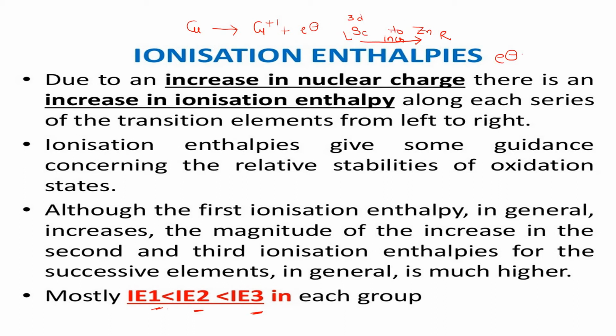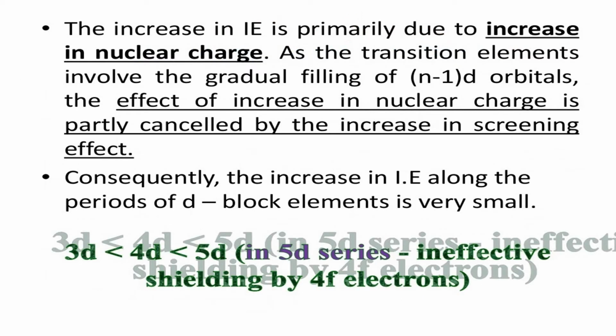Left to right, what happens to ionization enthalpy? It is increasing. Why is it increasing? Scandium has low ionization enthalpy and zinc has more. Left to right, it is increasing, isn't it? What is the reason behind this? Very simple, because of the increasing nuclear charge.